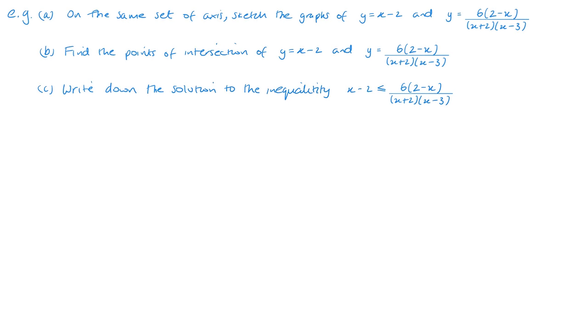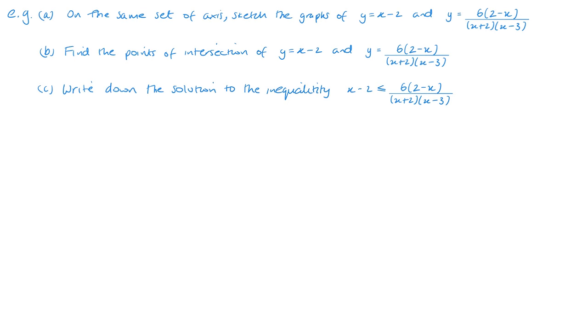So here we have our example and we've broken it down to A, B and C. What we're looking at is sketching the graphs, finding the intersection and then writing down the solutions. So let's start with sketching the graphs. The first graph, y equals x minus 2, is a really easy graph to sketch.